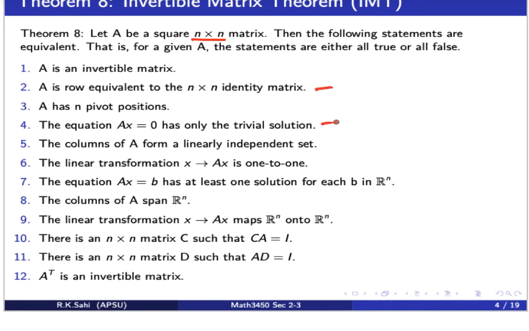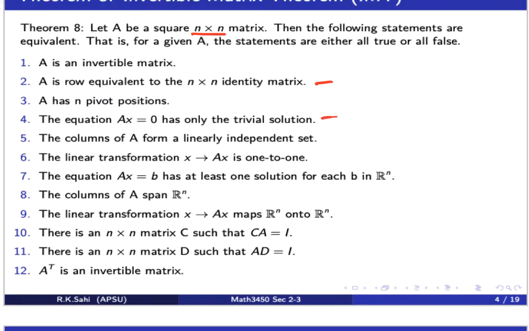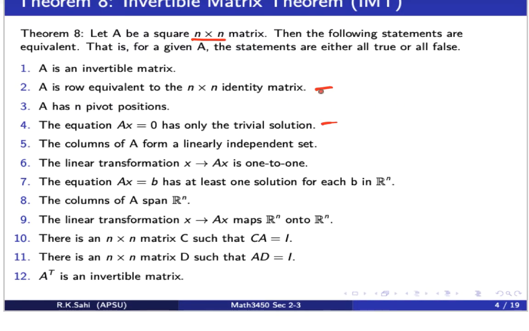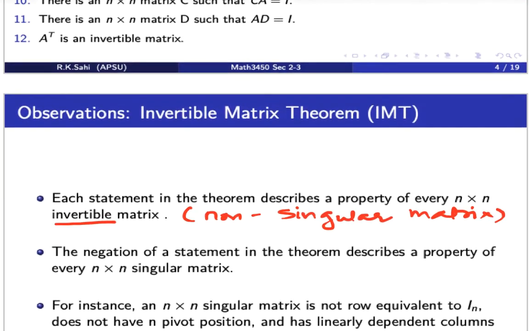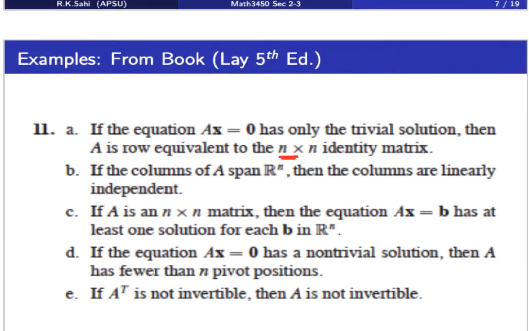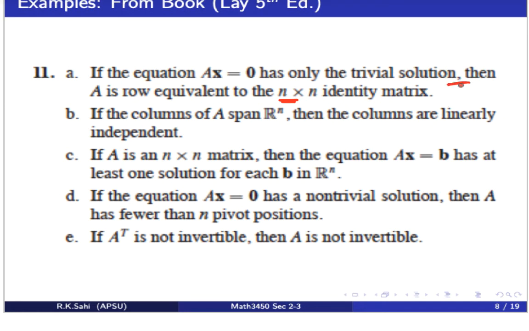If statement number 4 is true, then this one is also true. We have got to be very careful. So the answer to that, first of all, is true. The justification is that if this statement is true, then automatically this statement is also true.